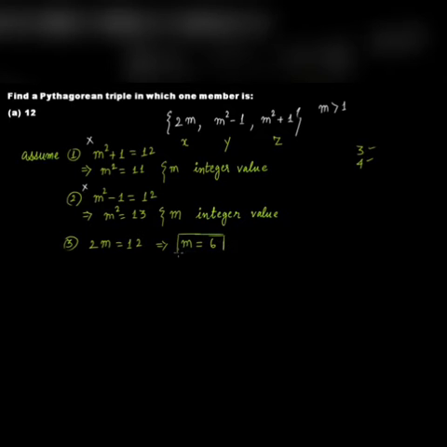And from here we have got the value of m, that is m is equal to 6. Now simply put it here. So when you put 6 here, you get 12. 6 squared means 36, 36 minus 1 is 35. 6 you will put here, 6 squared means 36, plus 1 is 37. So this is our Pythagorean triple, right?